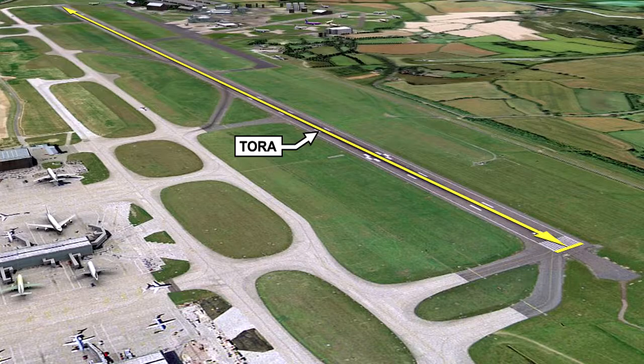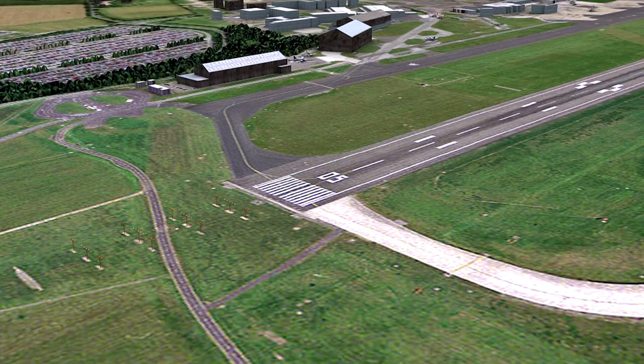At most aerodromes, it is just the TORA that will be available to use for takeoff. But at large commercial aerodromes, there are other runway designators other than TORA which you need to understand. For commercial and operational reasons, there may be an extension to the runway called a stopway.